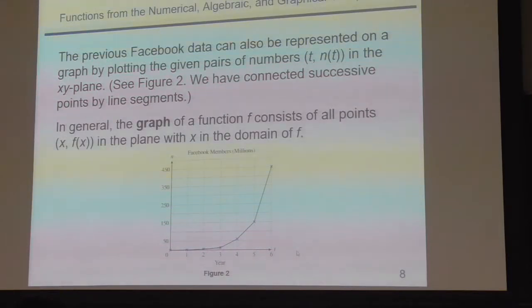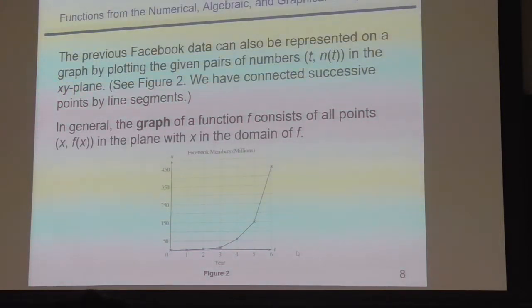The x-axis is t, time, the year. And what is the y-axis? Number of members, in millions. Once I see that, I understand what's going on. This is a graph relating those two things. And remember that word relate. It's a function, it relates two quantities.